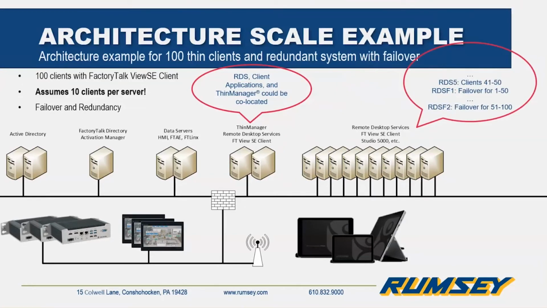And again, as we scale out, okay, so now we go up to 100 instead of 20. Does that mean that I'm going to do the same thing? I'm going to break it up into 10 per remote desktop and then have 1 for failover? Well, no. I'd probably then recommend that you have at least 2 for failover. One doing sessions 1 through 50 and another one doing sessions 50 through 100.